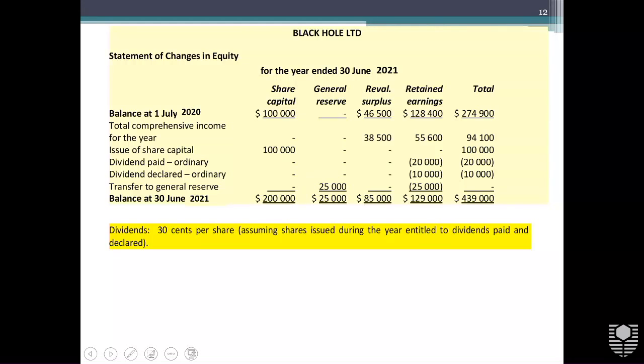We've transferred 25,000 to the general reserve. Therefore, our ending balance must be 129,000, because the question tells us that our retained earnings opening balance was 128,000. From our P&L, we've got the 55.6. We've paid some dividends and we've transferred items to our general reserve.